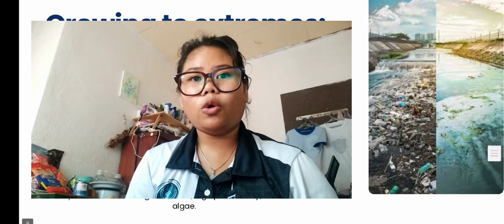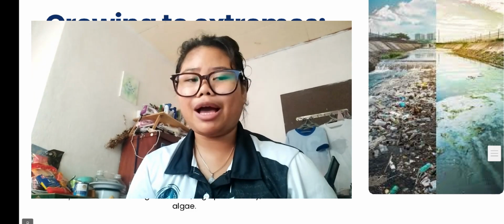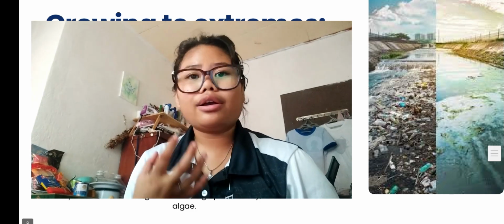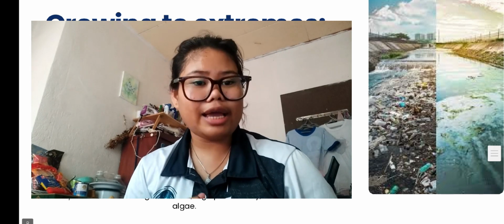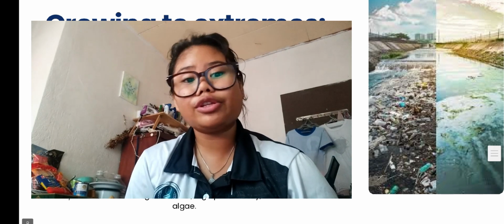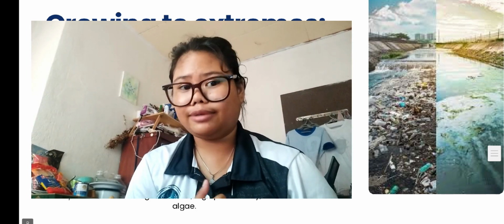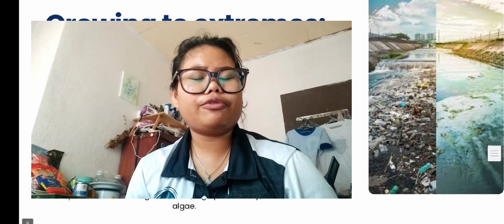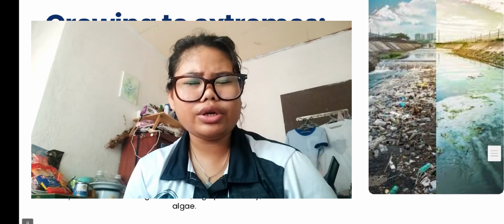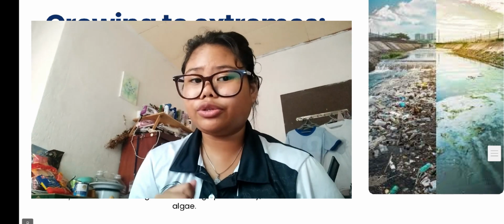Non-point pollution happens when pollutants don't come from a single specific source, like a pipe or factory, but instead come from many places spread across the land. This type of pollution is often carried and washed into rivers, lakes, and the sea. So imagine a small fish pond near a farm. After heavy rain, fertilizers from the field wash into the water.